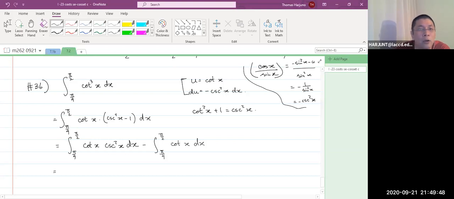Now how about this one here? What is the integral of cotangent? Natural log of sine.